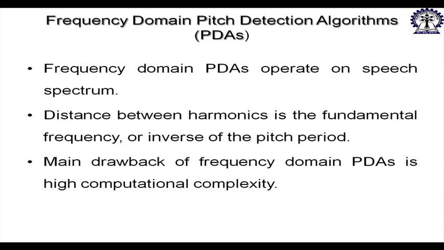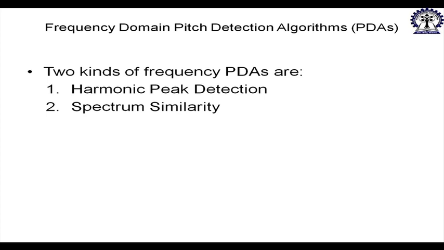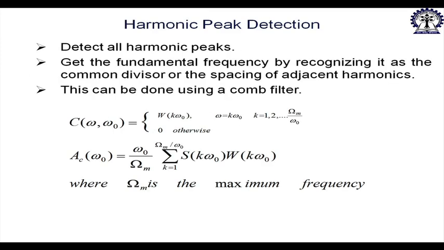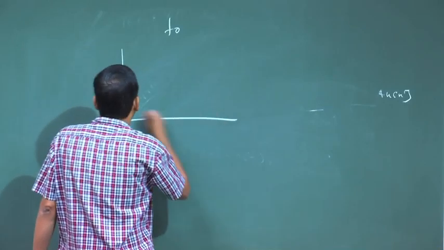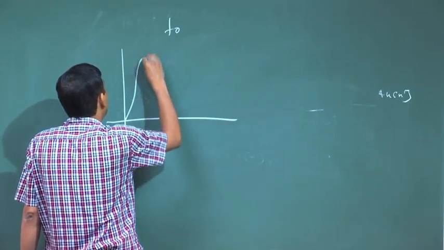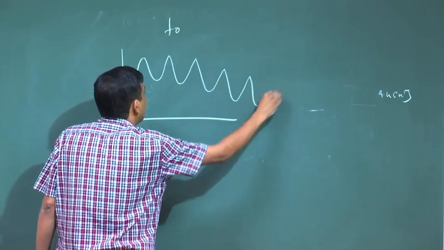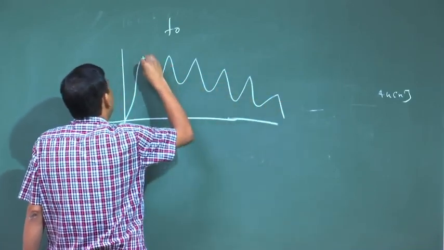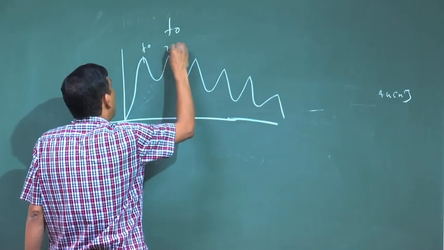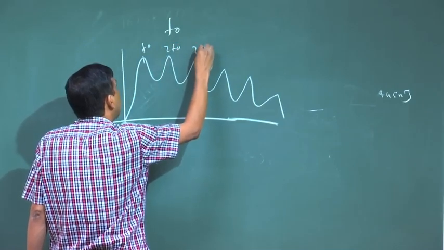Okay. Now there are two kinds of PDA mostly used: harmonic peak detection and spectral similarity. In harmonic peak detection, we detect all the harmonic peaks. Suppose I have an F0, and this is my spectrum. If you see, this is F0, this is twice F0, and all harmonics are repeated, thrice F0.